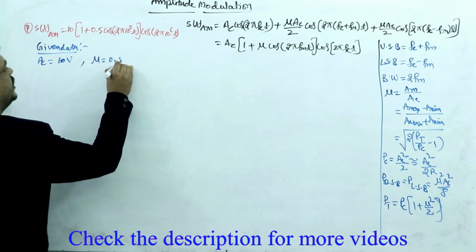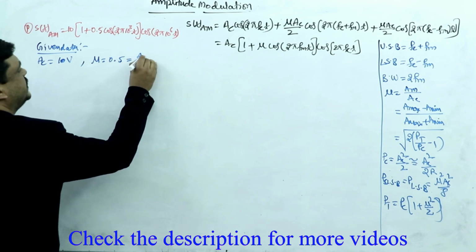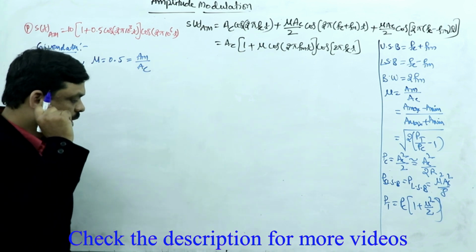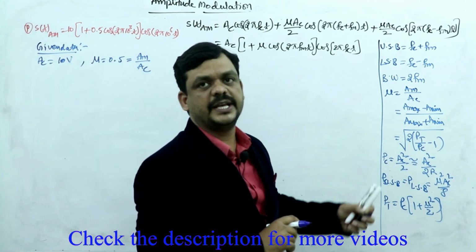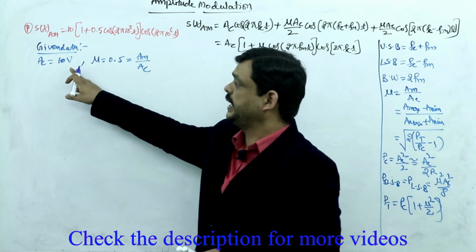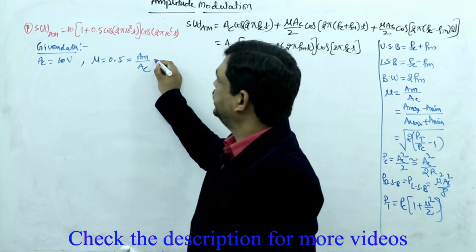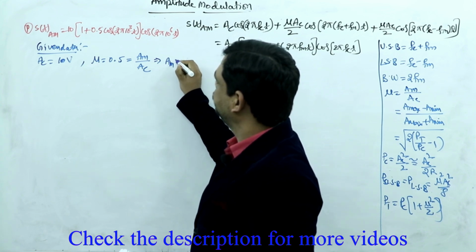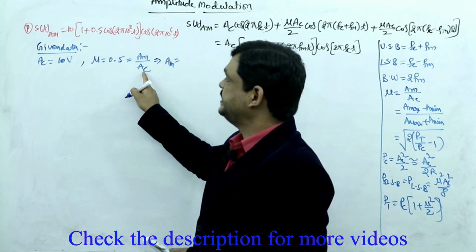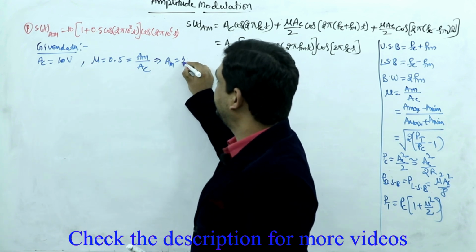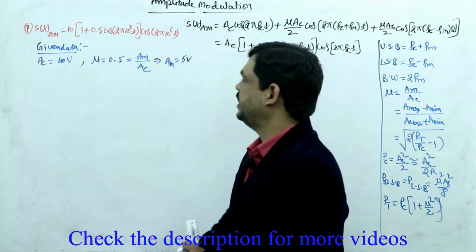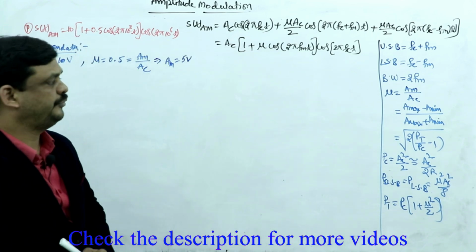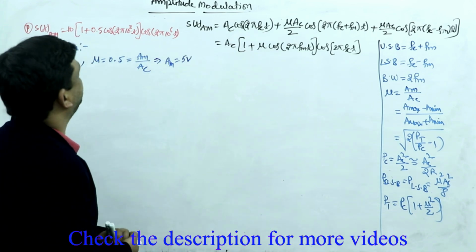Modulation index is how much here? 0.5. This is equal to AM by AC. We have already discussed that modulation index is AM by AC. Now here AC is 10, right? Then from this I am writing AM. How much is AM? AC is 10, multiply here, and the amplitude of the modulated signal becomes 5 volts. So AM is also finished. Later compare these two again.